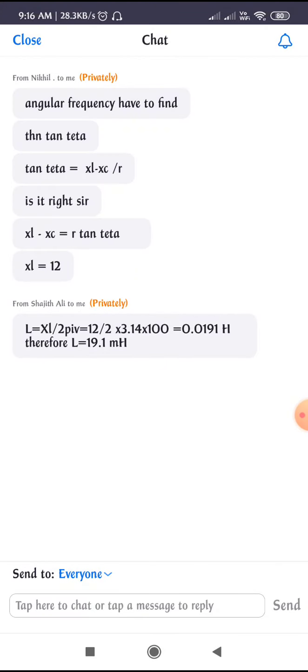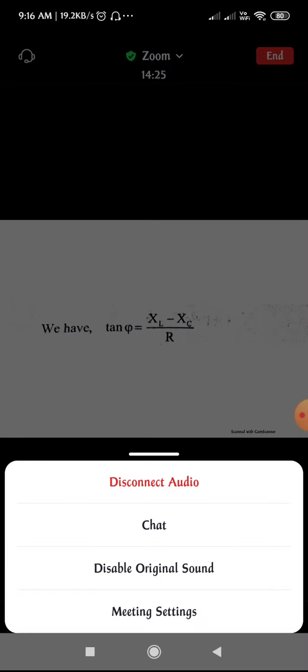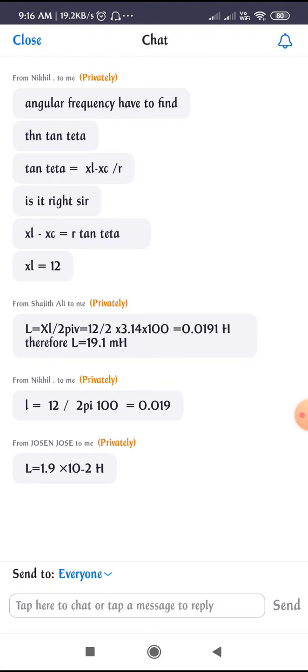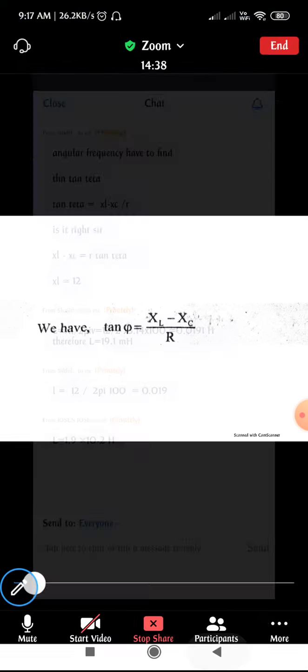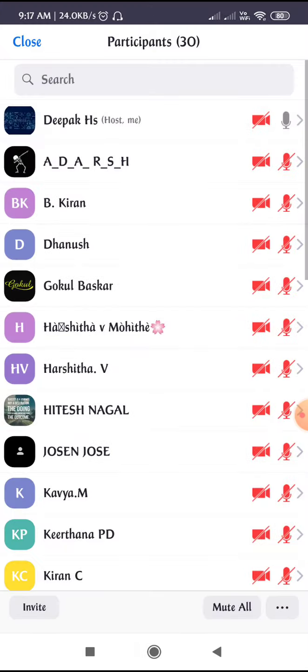Yes, Shajit Ali, correct. Nikhil, correct. Josen, I think the answer is wrong. Just check out. Power you have missed. Power is wrong. What about others? Yes, Gokul.